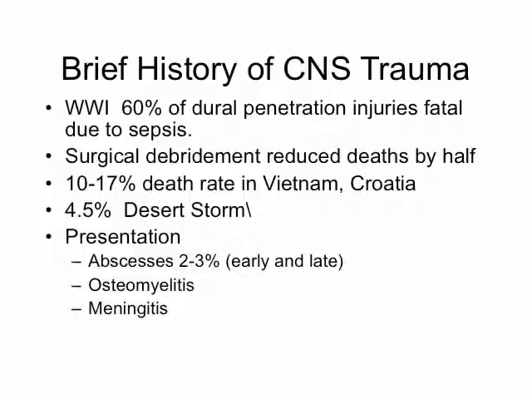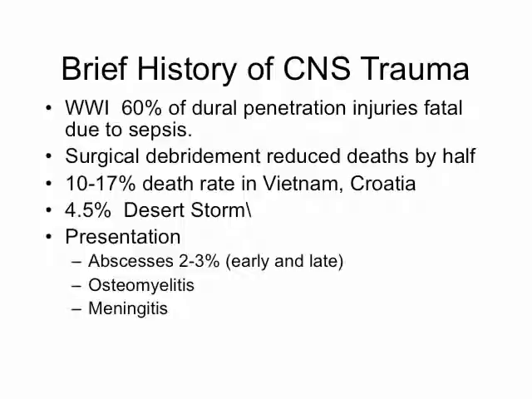At that point, 60% of wounds that penetrated through the dura were fatal, and usually due to infection. Obviously, they didn't have great antibiotics at that time. Surgical debridement did seem to reduce deaths by half, so even without antibiotics, the principle was that if you could take out devitalized bone and particulate matter from the outside, you could markedly improve a lot of these severely damaged patients.